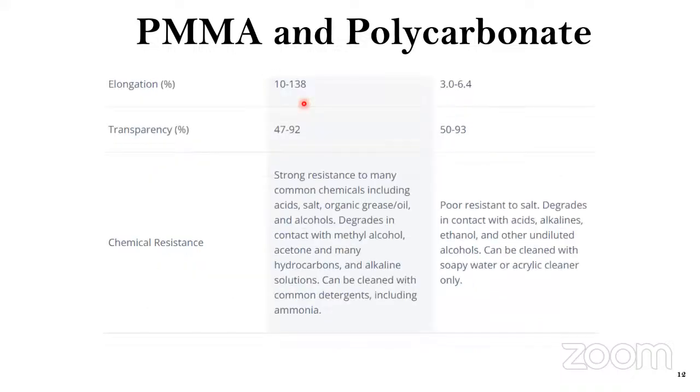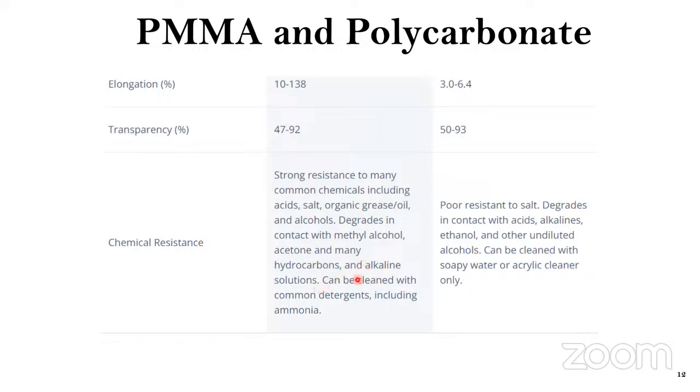So the transparency, can you observe that the transparency values are almost similar. But if you see the chemical resistance, PC has a strong chemical resistance to many common chemicals, including acid, salt, grease, oil, or alcohol, but degrades in contact with methyl alcohol, acetone, and many hydrocarbons.